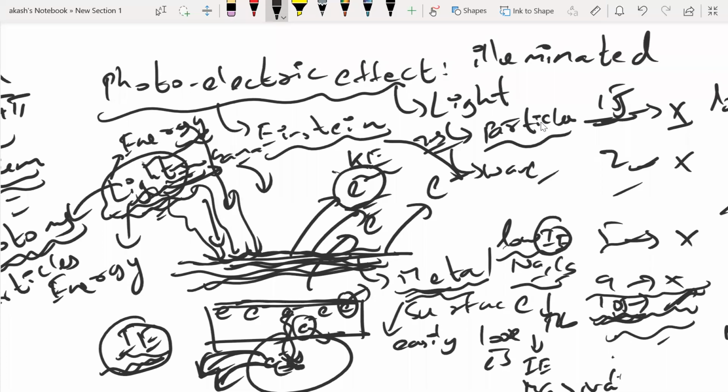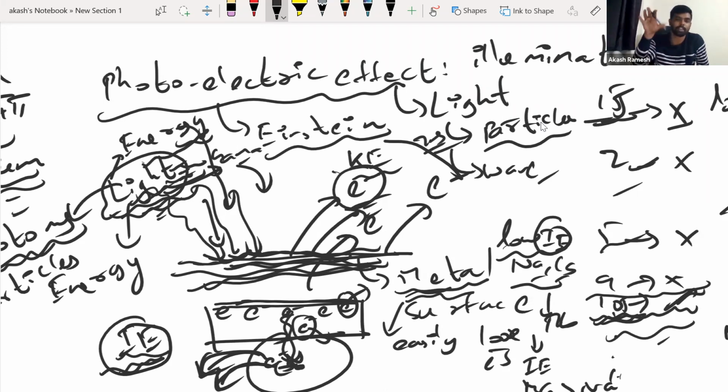So can you run through the definition once again? Yeah, sure. I'll tell you again. It is the phenomenon of emission of electrons from a metal surface which is illuminated by a light of suitable frequency.